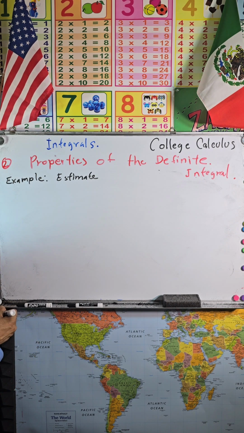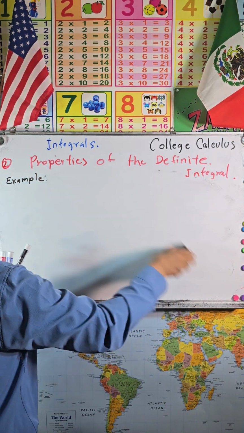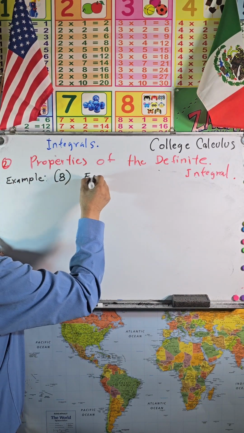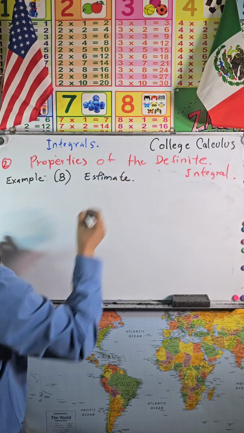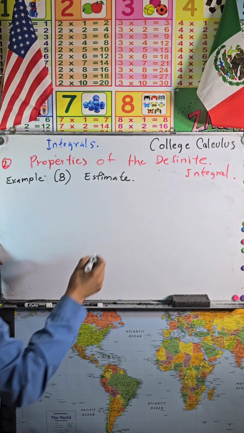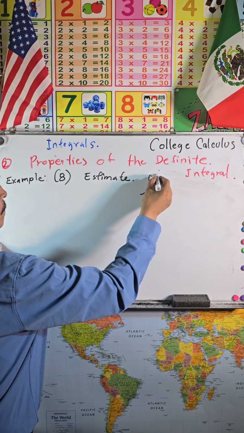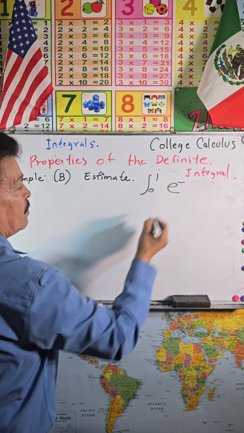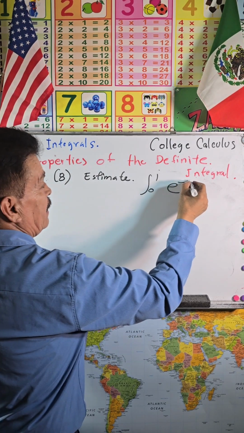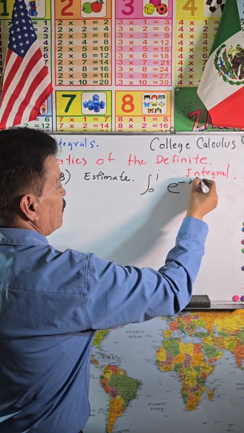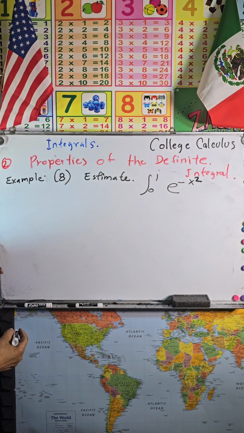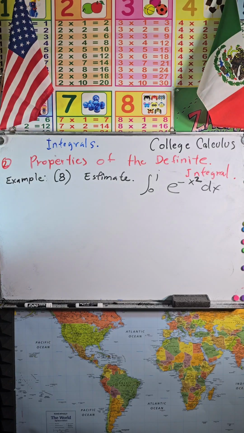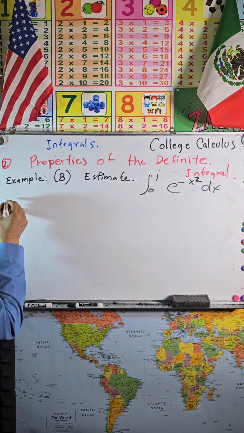Use property 8. Property number 8. Estimate the integral from 0 to 1 of e to the negative x to the second power, differential of x. So use property number 8. So the solution is very simple.